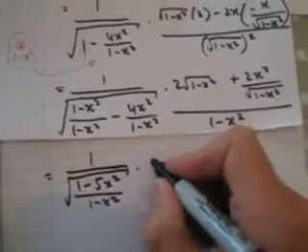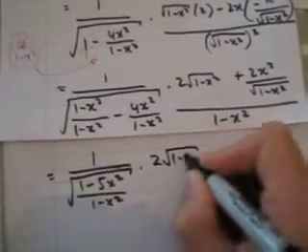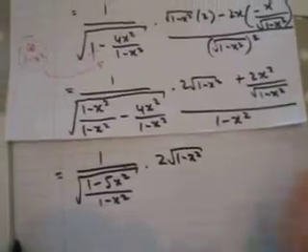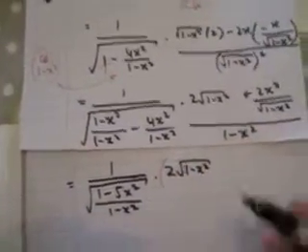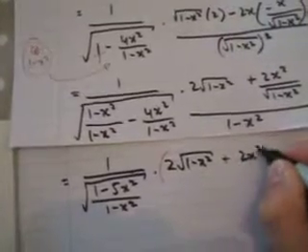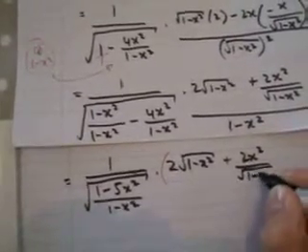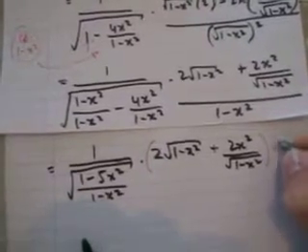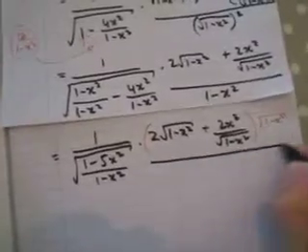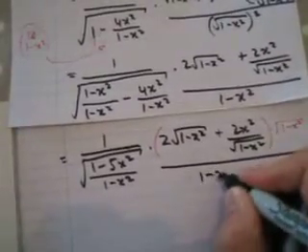So maybe that's what we'll do up here. So 2 times the square root of 1 minus x squared. So we're multiplying the top line. I suppose we'll write in the whole top line first. So we're multiplying the whole top line here by the square root of 1 minus x squared. And in a second, we're going to multiply the bottom line by the same thing.